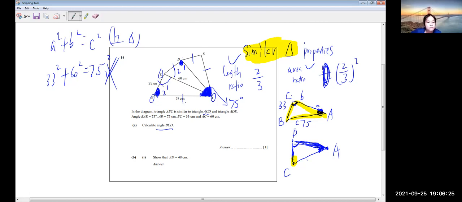Does this help? Oh, by the way, this is also equal. I'm so sorry. Okay, this is also equal.